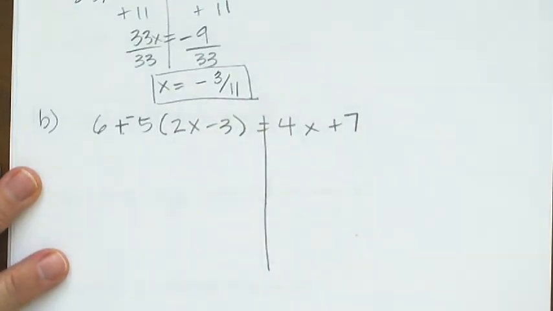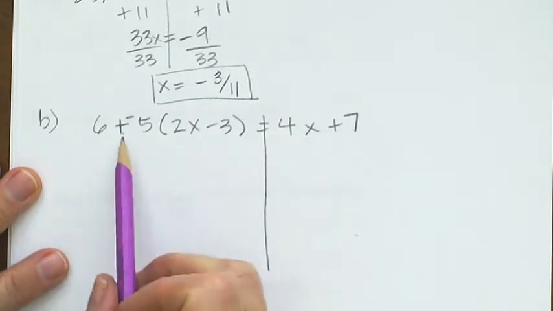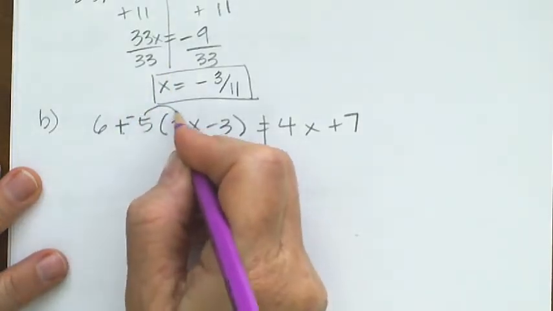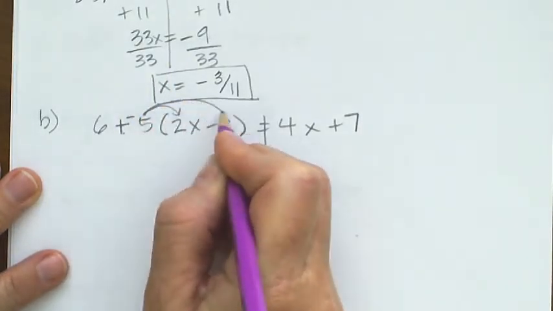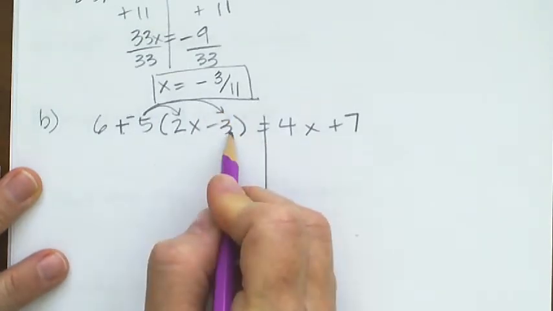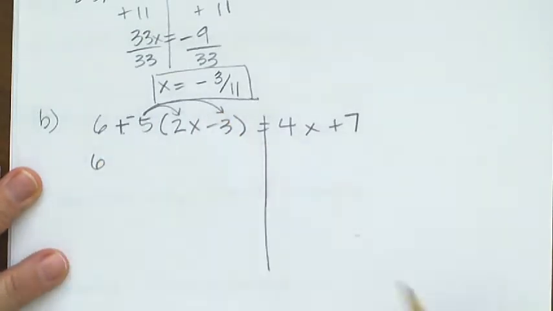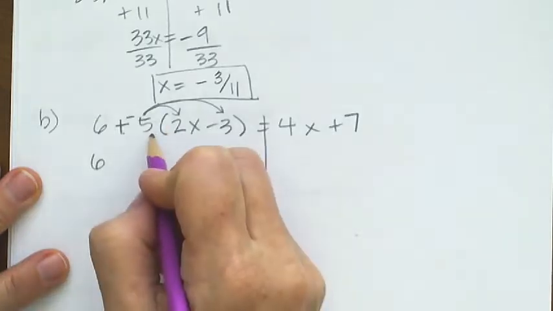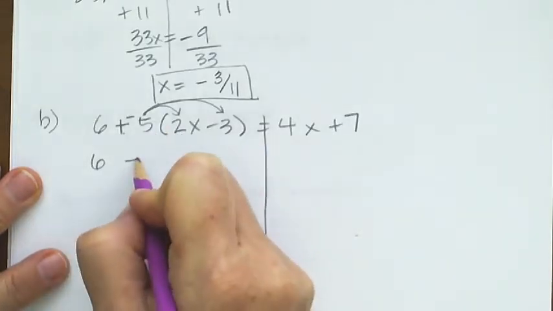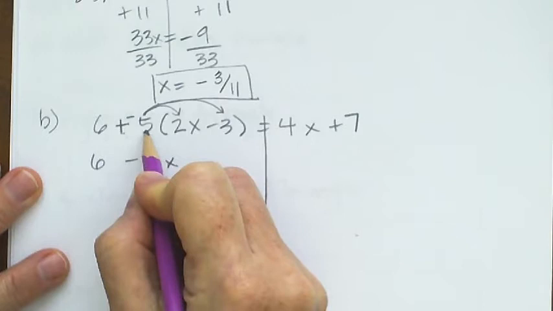Or if you know that that's a -5 and you just want to remember that, that's fine. But don't get thrown off with that minus. So I'm distributing -5 over 2x minus 3. Bring the 6 down. That doesn't change. -5 times +2 is -10x.